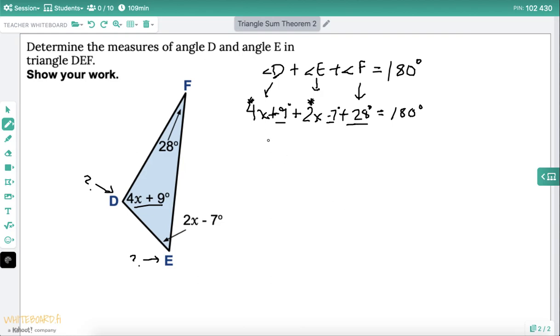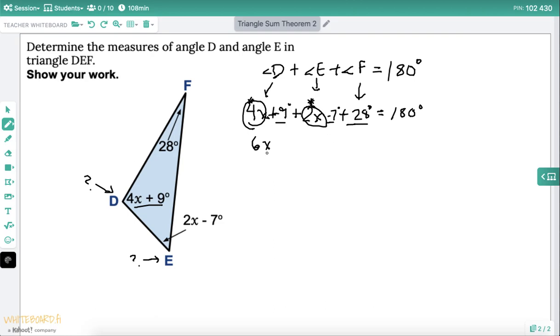So let's start with the ones that have an X, right? Remember we said the coefficients is what we're looking at. So this is 4 plus 2. 4 plus 2 gives me 6. 6x. That's what this one right here and this one right here give me.